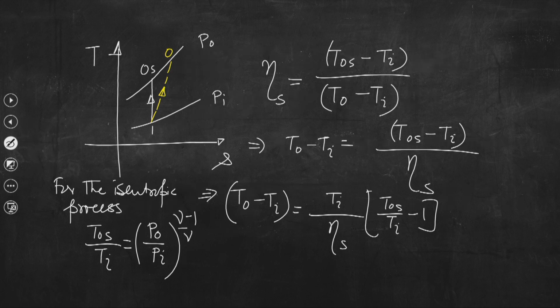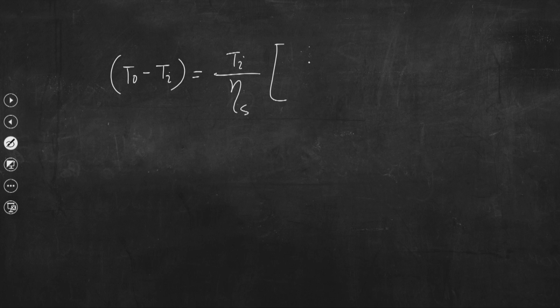So, if we plug in this expression, then we can write T naught minus Ti equal to Ti divided by eta S into P naught by Pi power gamma minus 1 upon gamma minus 1. So, that is the change in temperature.